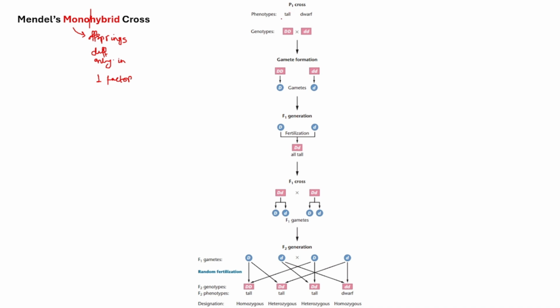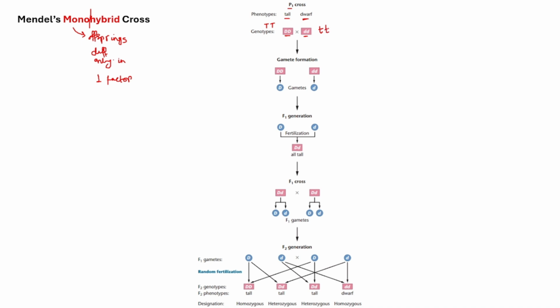So we will start by taking two parents. P1 here means parents. One parent will have the phenotype tall and the other parent will have the phenotype dwarf. The respective genotypes for those parents are capital D and small d. This is some sort of a representation. Some books or authors use capital T for homozygous tall and small t for homozygous dwarf parents.